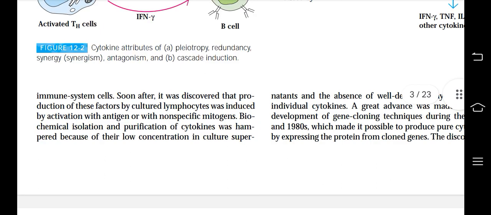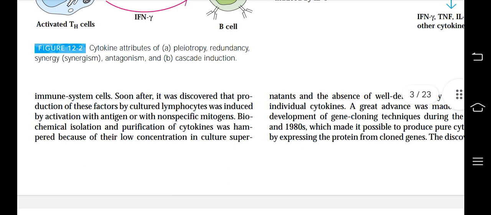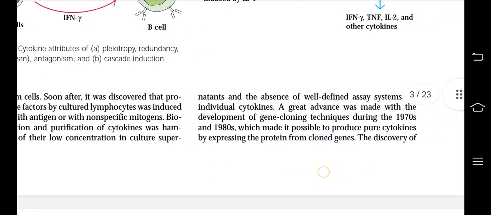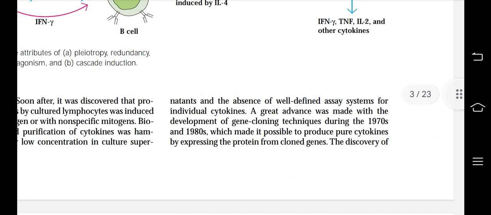Soon after, it was discovered that production of these factors by cultured lymphocytes was induced by activation with antigen or with non-specific mitogens. So biochemical isolation and purification of cytokines was hampered because of their low concentration in culture supernatants and the absence of well-defined assay systems for individual cytokines.